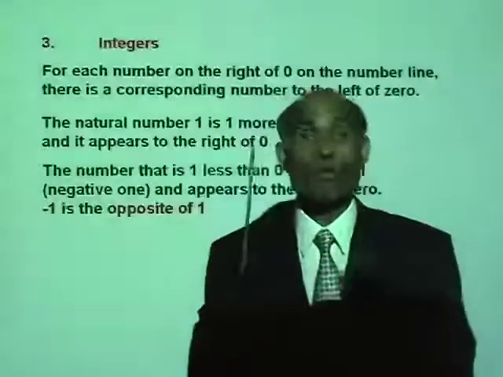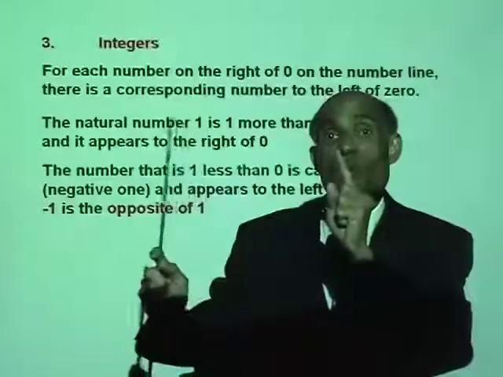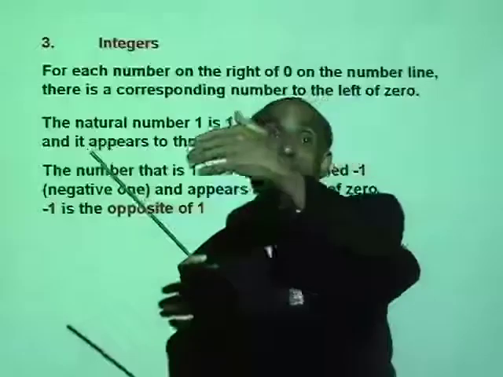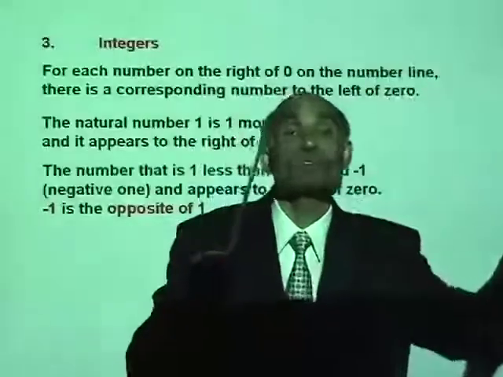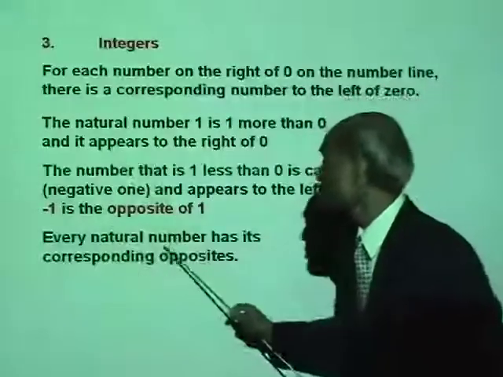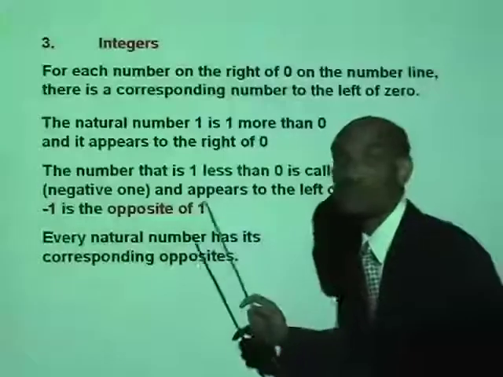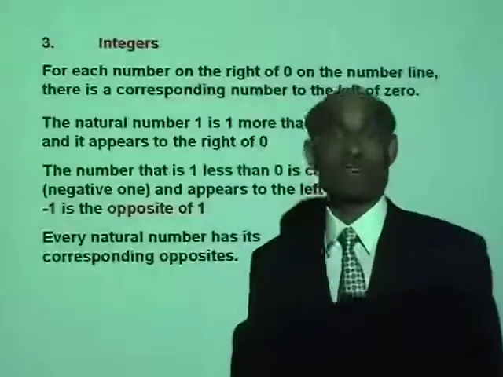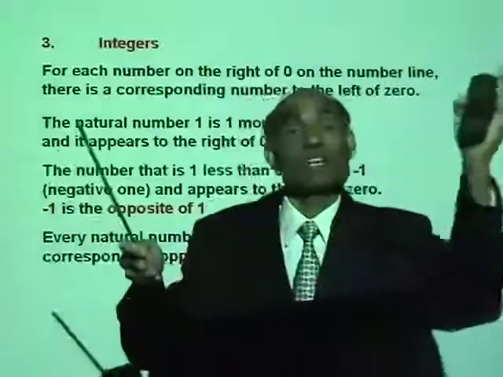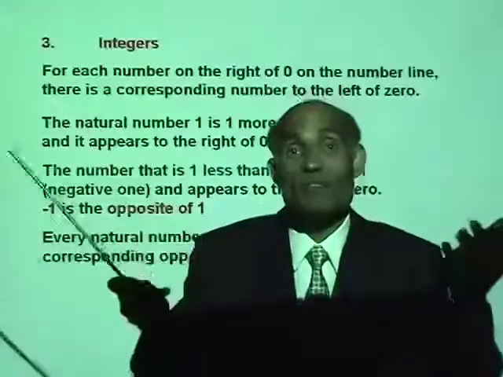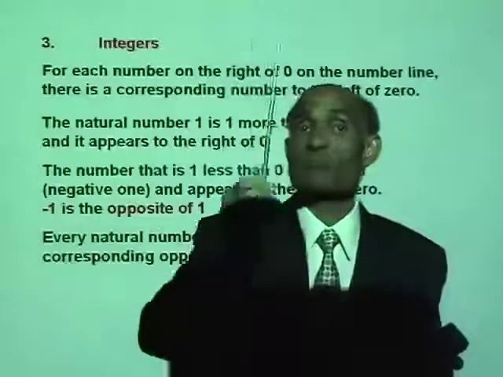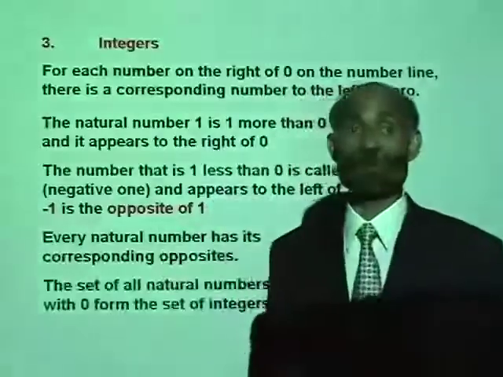That means for every natural number on the right of 0, you have the opposite of those numbers to the left of 0. Every natural number has its corresponding opposite. The natural number 5 has an opposite that is -5. Every natural number has its opposite that appears to the left of 0.